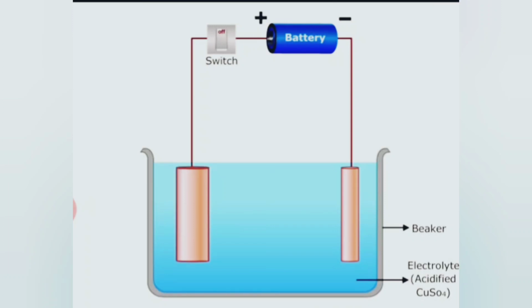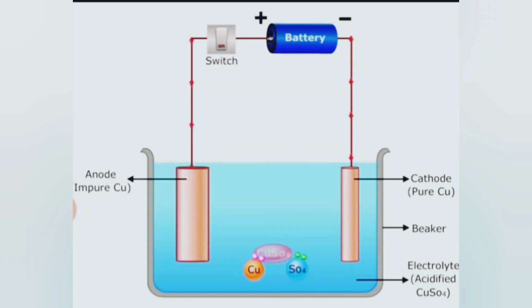In electrolytic refining, the metal is refined or purified by taking the soluble salt of the metal as electrolyte, and the electric current is passed through, where the pure metal gets deposited at the cathode and the impure metal gets dissolved from the anode into the solution. This is electrolytic refining. The metal obtained by this method is 100% pure metal.